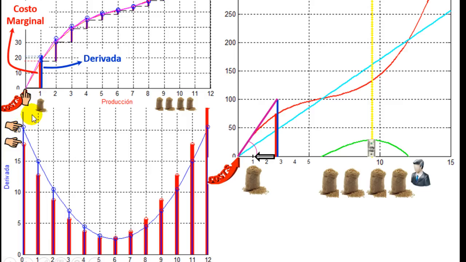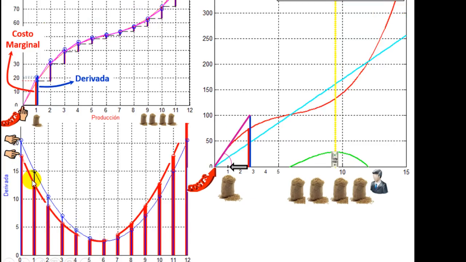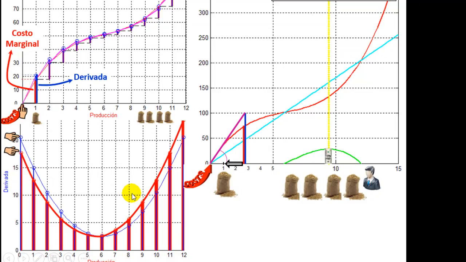If we repeat this idea in all of these points, not only in 0, then we will get that this is the graph of the marginal cost, this red graph, and the blue one is the graph for the derivative.